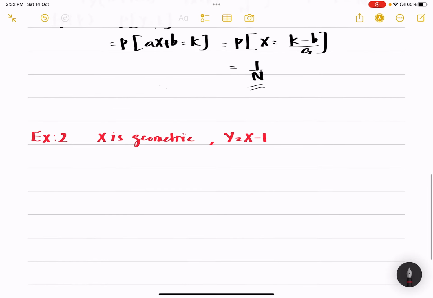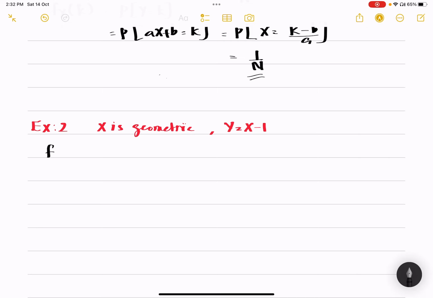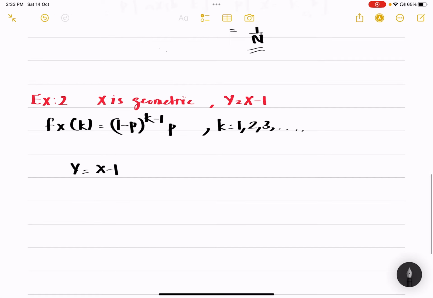If x is geometric, fX of k can be written as (1 minus p) to the power k minus 1, times p, where k is equal to 1, 2, 3, etc. Now we know y is equal to x minus 1.